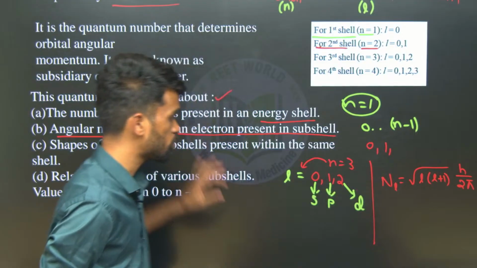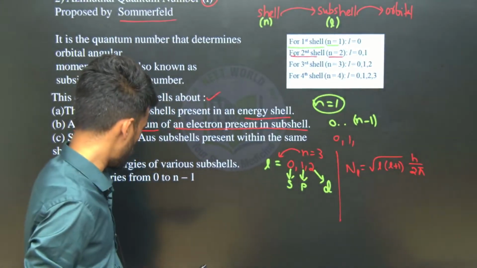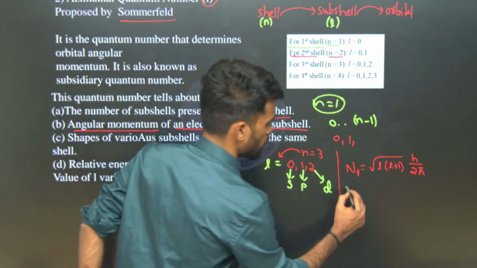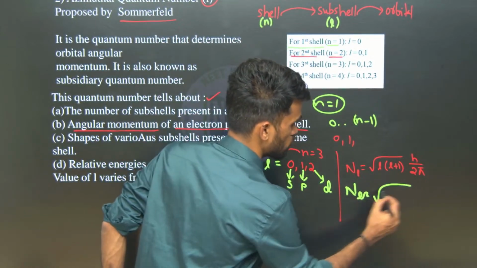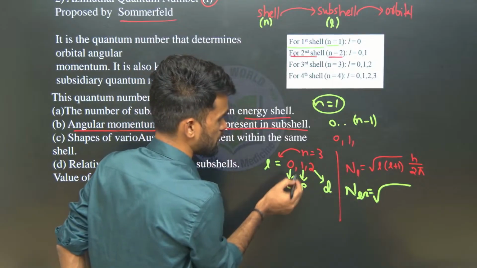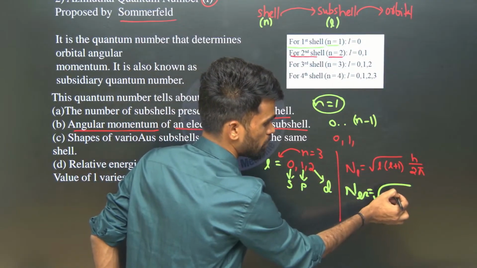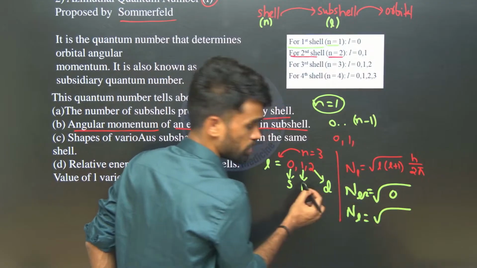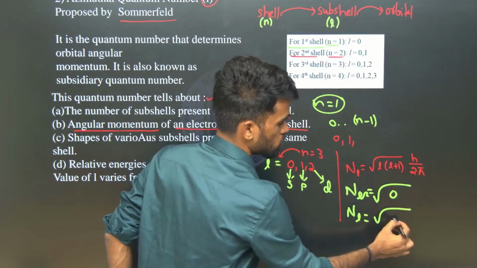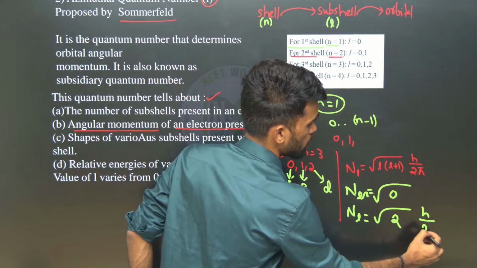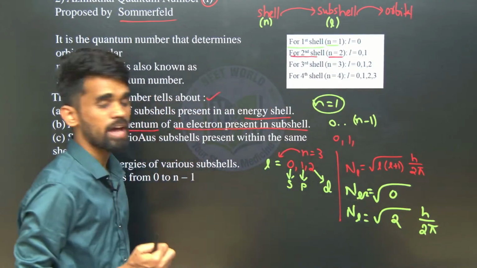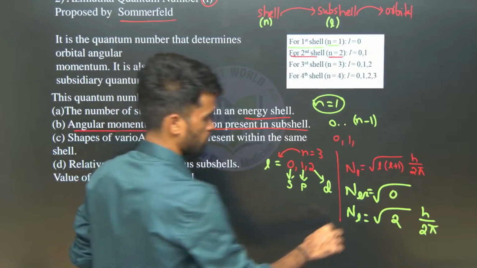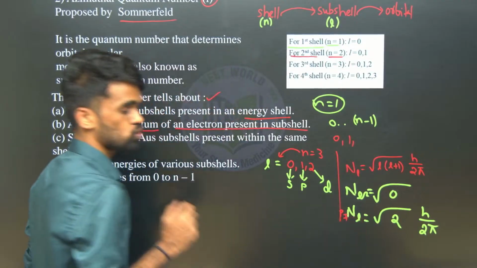If I ask you the angular momentum of S orbital, what should you do? It is root over L into L plus 1, and for S orbital L is 0, so 0 into something will be 0. For P orbital L is 1, so 1 into 1 plus 1, root 2 into h by 2 pi. This will be the angular momentum for P orbital. Like that you should calculate.